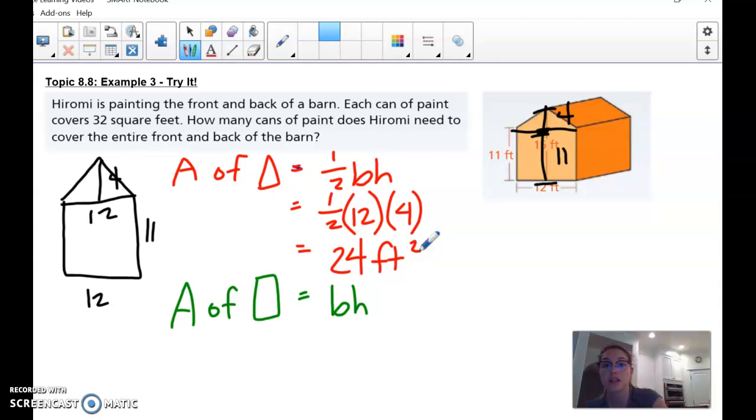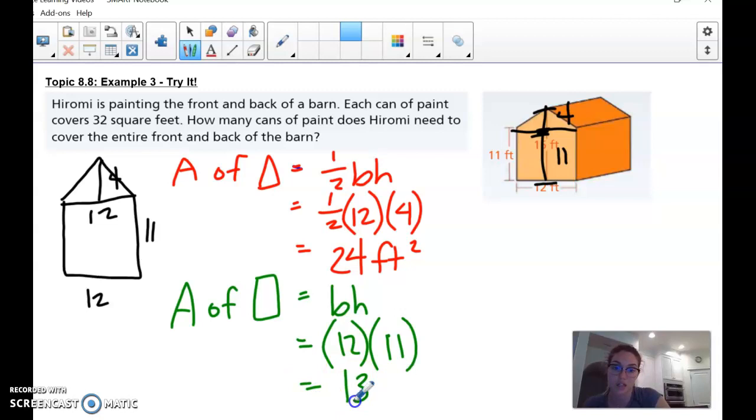And then I need to find the area of the rectangle on the bottom. I go the base, which is 12, times the height, which is 11. So if I multiply 12 times 11, I end up with 132, and this is feet squared.